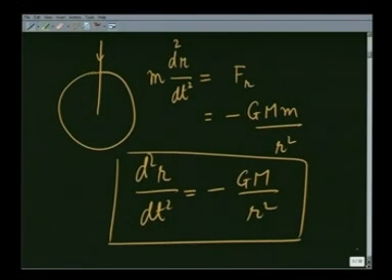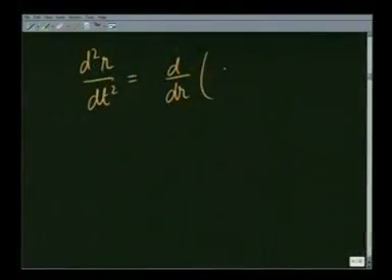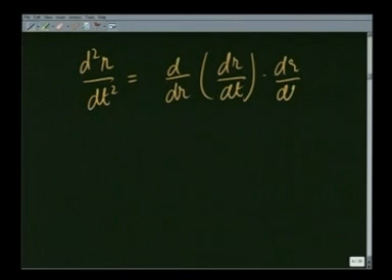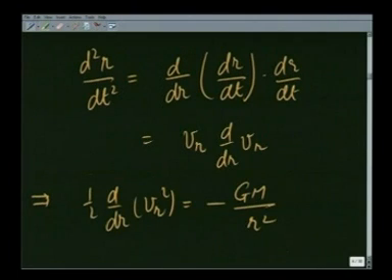On the other hand, let me apply the trick I used earlier in writing d 2 r by dt square as d/dr of dr/dt times dr/dt, and that gives me Vr d/dr Vr, and therefore, half d/dr Vr square is equal to minus GM over r square.